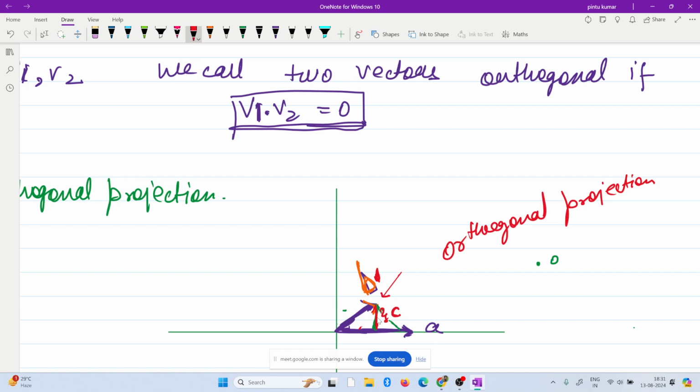If you want to reach from b plus c to a, this is the shortest path by which you can reach. So this is known as orthogonal projection.